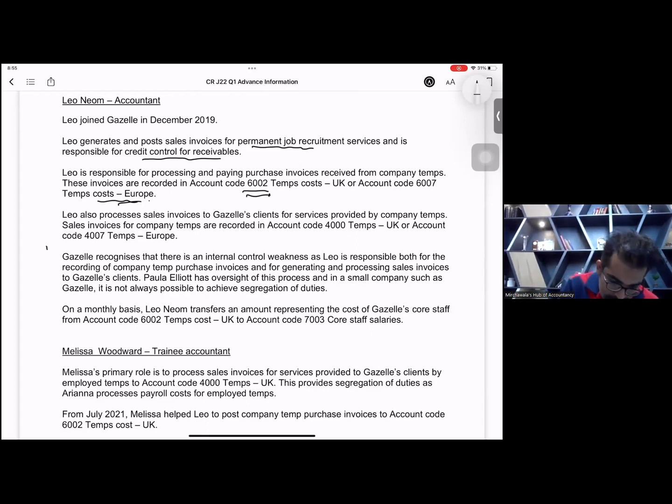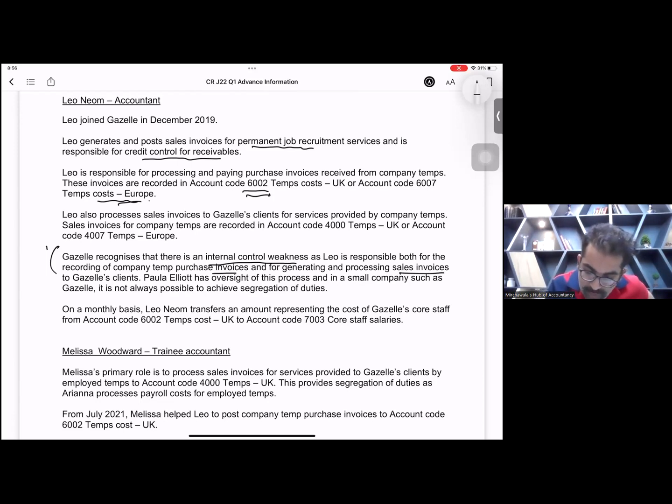Now, this point is important. Gazelle recognizes there is an internal control weakness, as Leo is responsible for both recording company temp purchase invoices and for generating sales. She's doing multiple things: at one end she's dealing with the purchases, and on the other end with the sales.